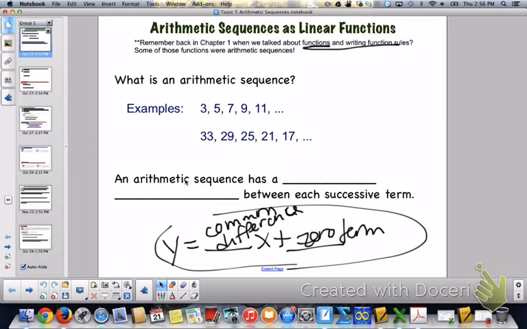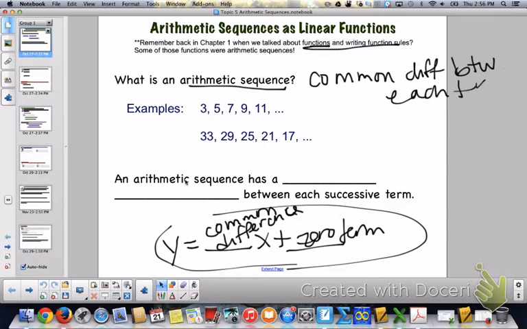All right, so what does that mean? Arithmetic sequence, they have a common difference between each term. And yes, my BTW is between, not by the way. So between each term. So 3 to 5, we add 2. 5 to 7, we add 2. 7 to 9. So yes, that's an arithmetic sequence.